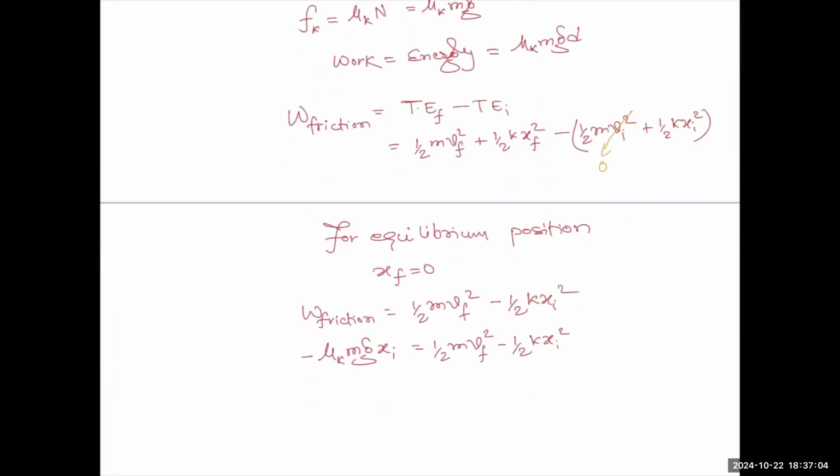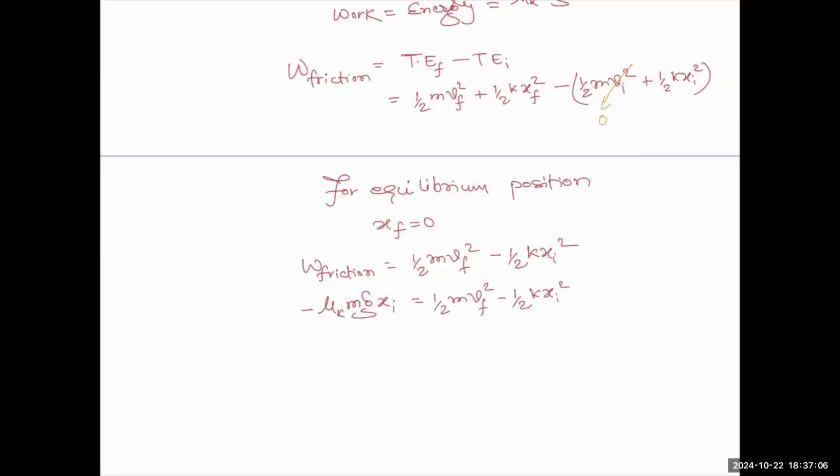Yes. Okay, so what do I need now? I need to get my final velocity. It's all algebra here, so it looks like I'm deriving a formula rather than solving a problem.